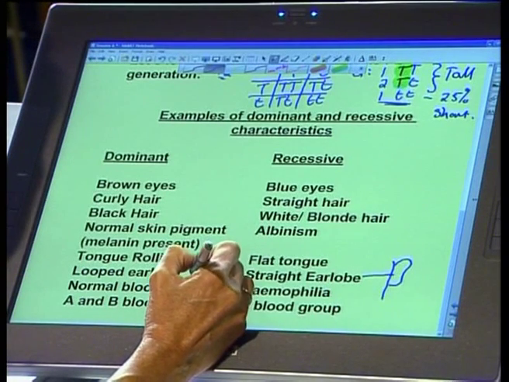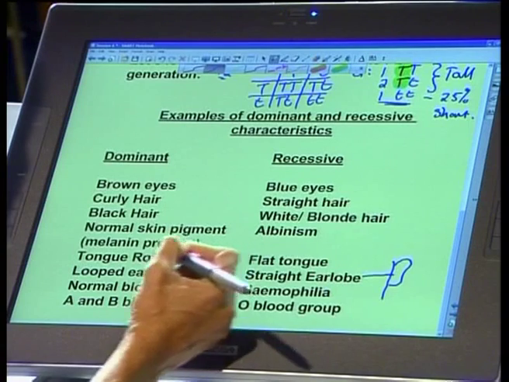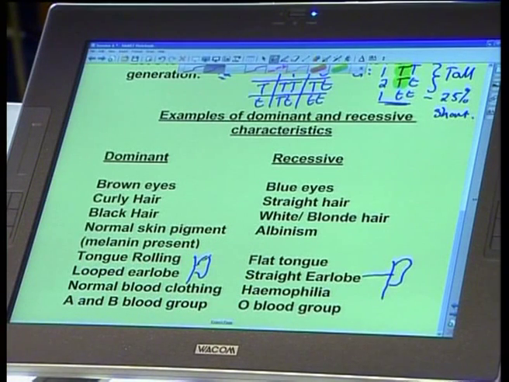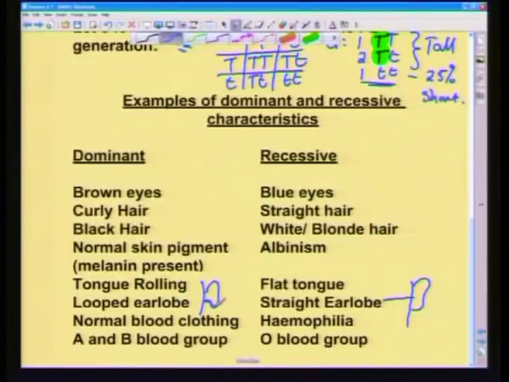These are things we've never looked at, but I think if you're a life science learner, you will take note of something like this. Who looks at ears other than to look at earrings? So this is a looped earlobe. It's got almost a little gap here before it joins the skin, and here it joins the skin straight. And that is a dominant and a recessive gene.